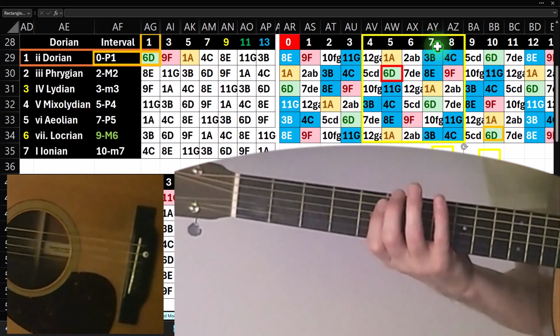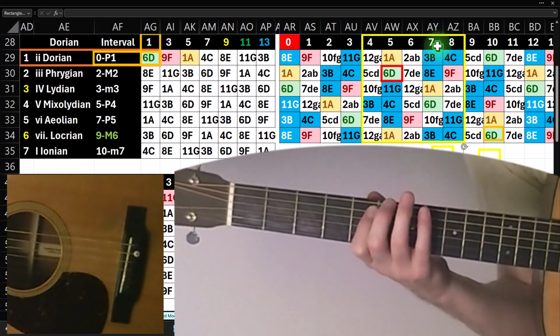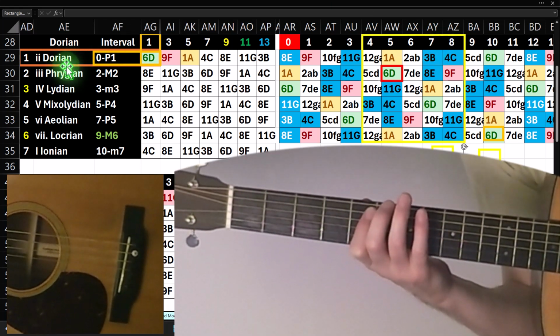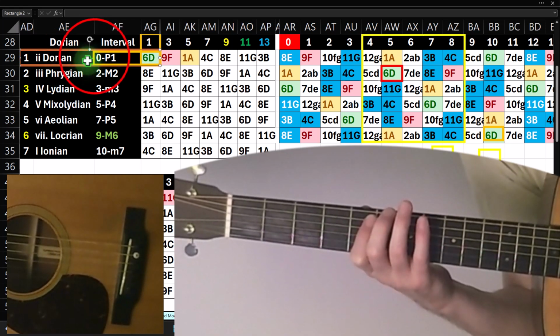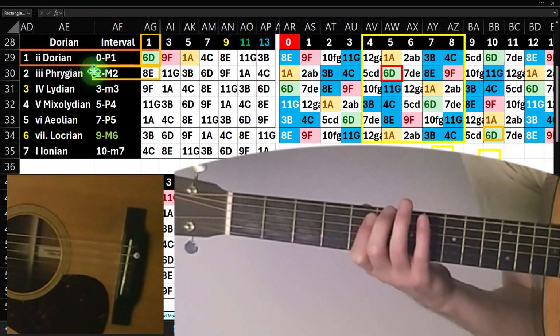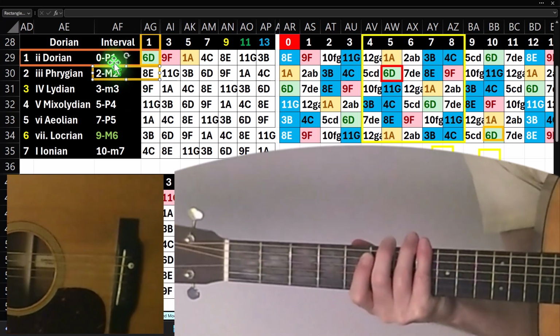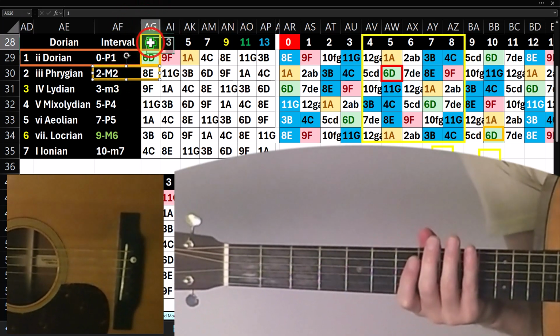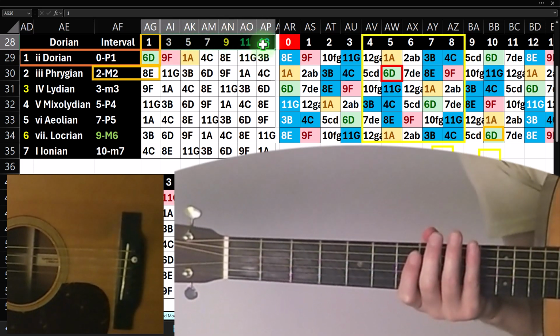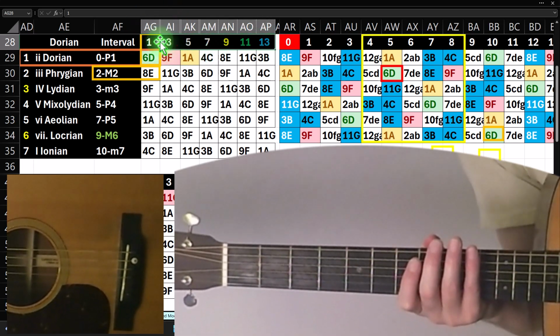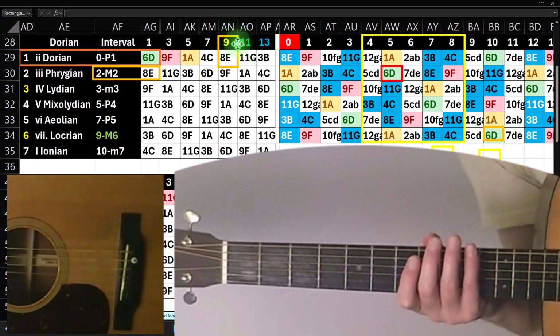All right, so then let's go to the next one down. So now I'm going to say that I'm on the second. Now notice when I look at the second of a scale, in terms of chord constructions, we skip the second. So I would think of that as the 9th.